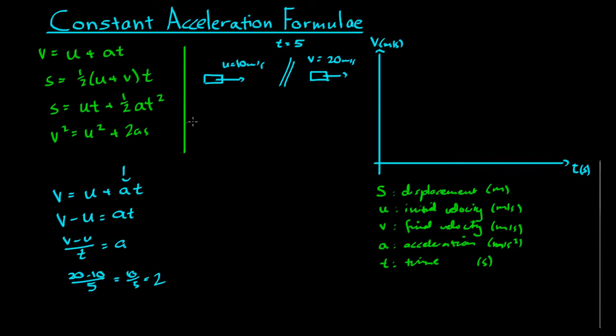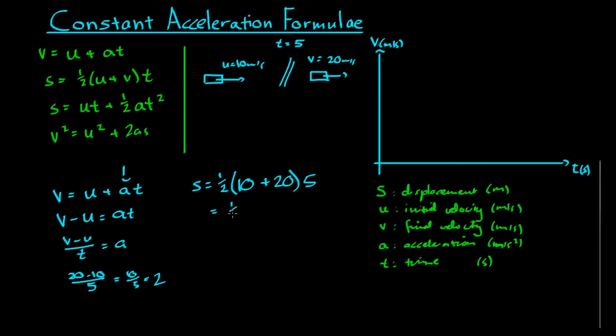We might also want to find S. So let's look at which formula we can use. We know we have T from the start, U and V. We also found A, but let's not trust our answer, let's just go with what we've been given. S equals a half U plus V times T. S equals 1/2, U was equal to 10, V was equal to 20, T was equal to 5.